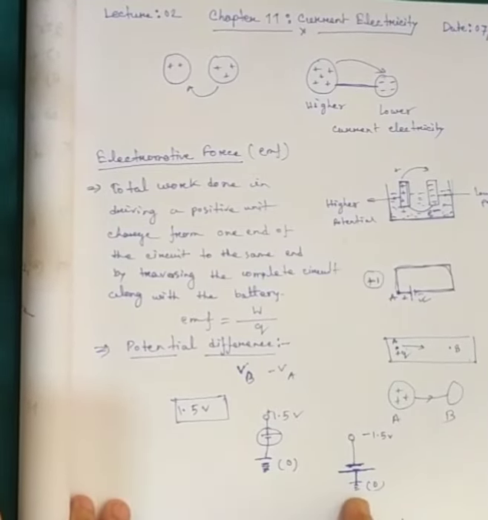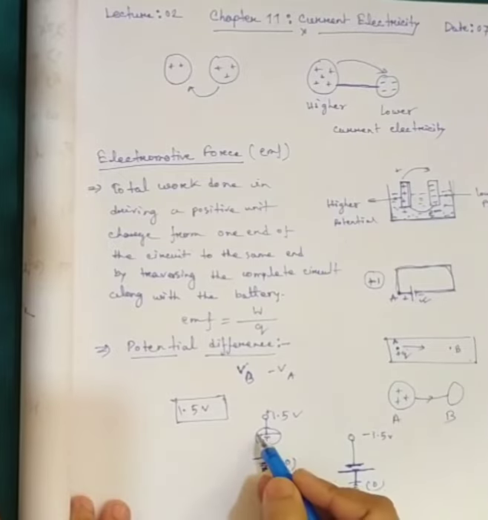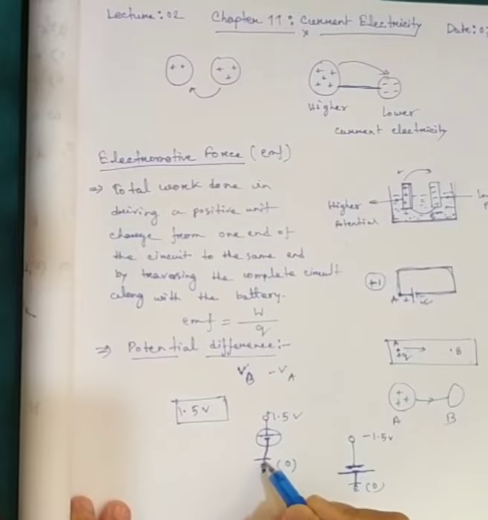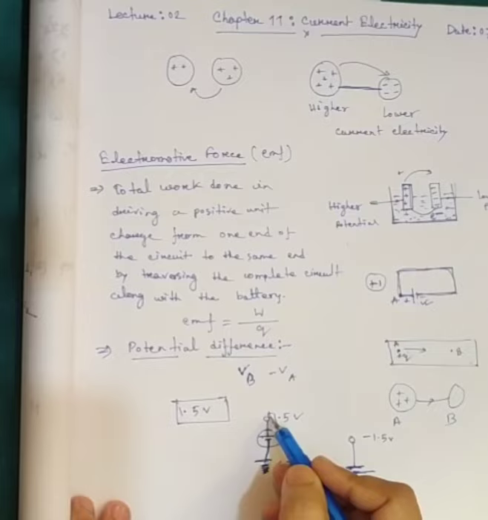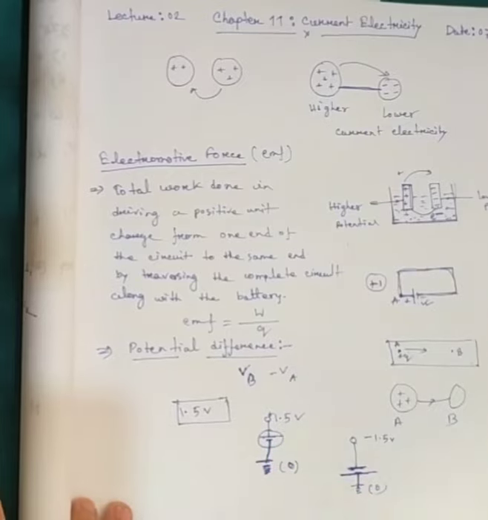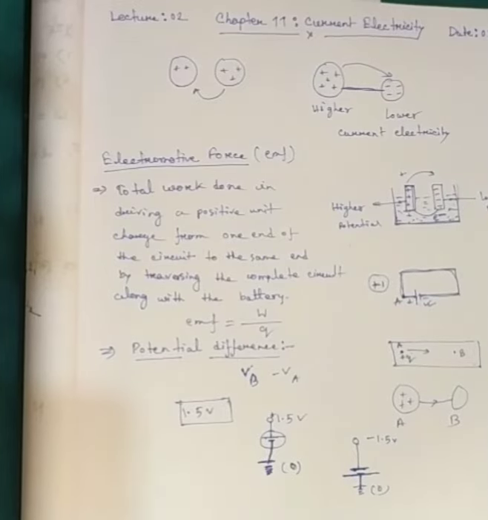So this is a minus 1.5 volt battery, and this one is plus 1.5 volt battery, because negative end is connected with ground. That means negative end's potential is 0 and the positive end is connected to 1.5 volt. That means total potential of these batteries plus 1.5 volt. And thus we can design more batteries with positive and negative potential.